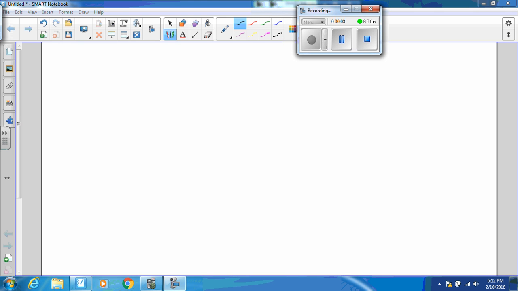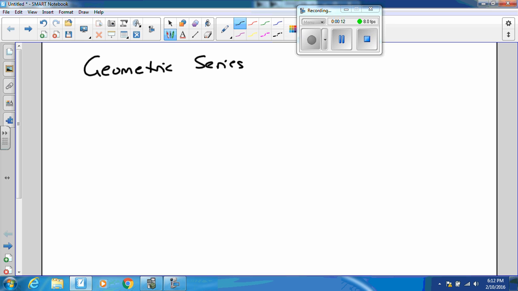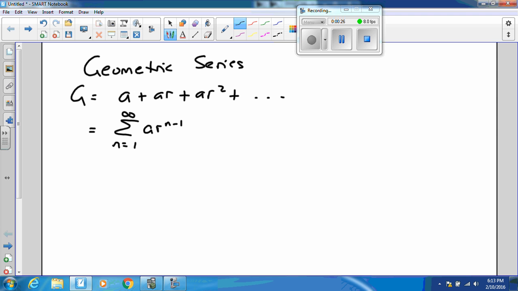I wanted to take the opportunity to talk about two geometric series here. Recall from class today that a geometric series, which we can write out like this, or we can write as the sum from n equals 1 to infinity of a r to the n minus 1, has the property that it will converge to a over 1 minus r if the absolute value of r is less than 1.